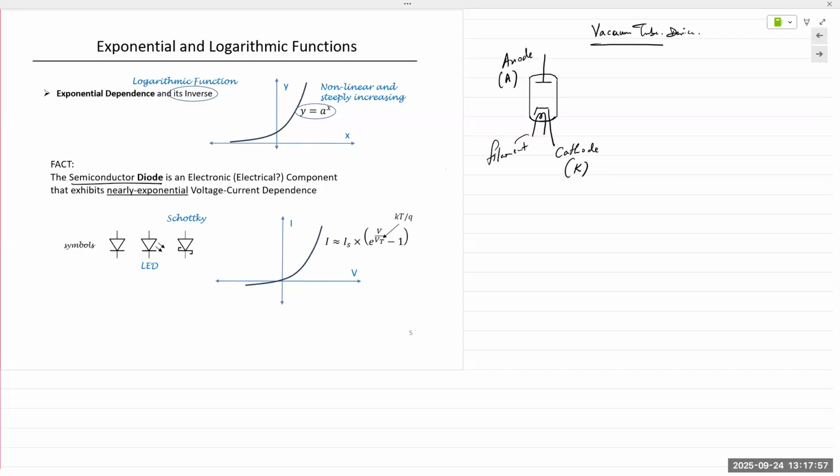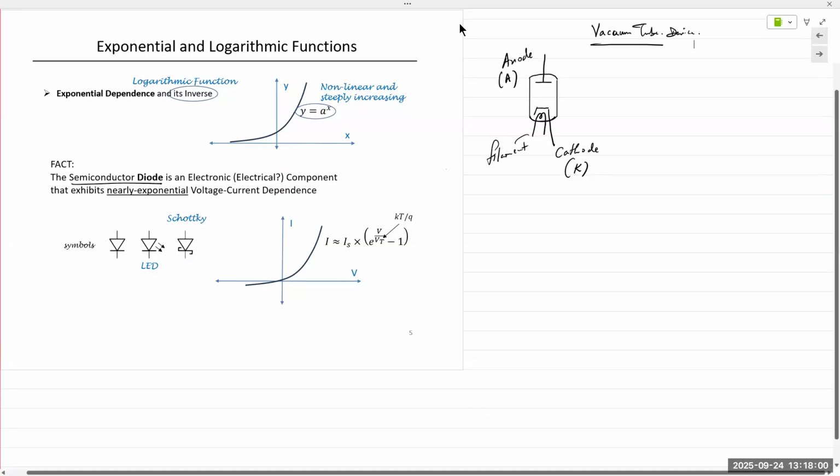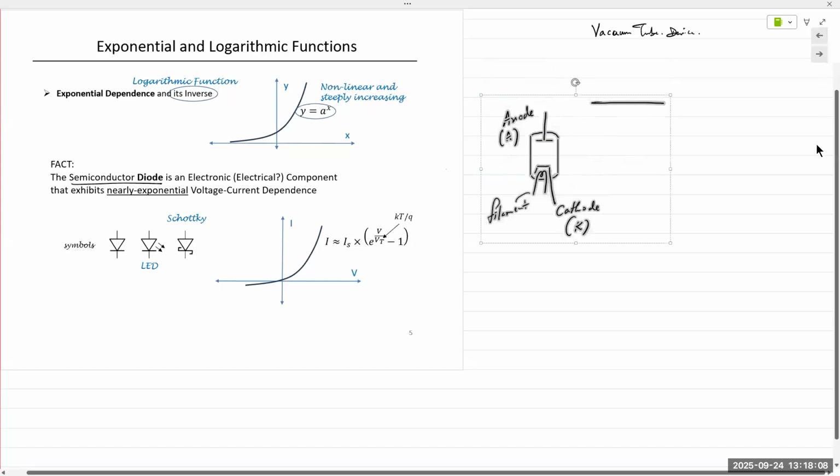One is the anode, the other one's the cathode. Now, there is a filament that is right underneath the cathode. It's a heater filament, and it heats up that cathode.